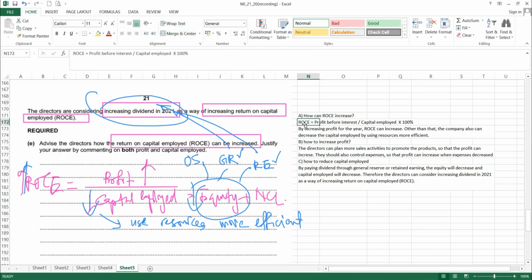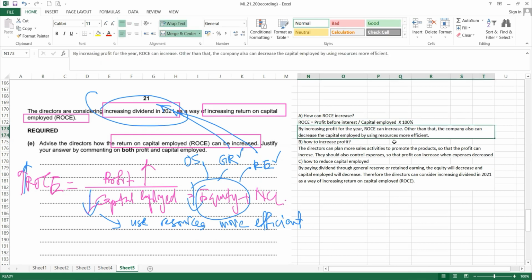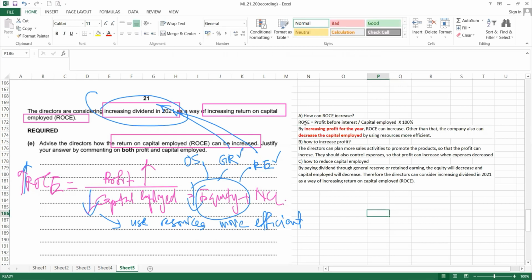So there we say these two can cause the increase: profit increases, by increasing the profit, and another way is to decrease the capital employed. So these two ways will help to increase the ROCE. Next we have to answer how to increase the profit, then how to reduce the capital employed.